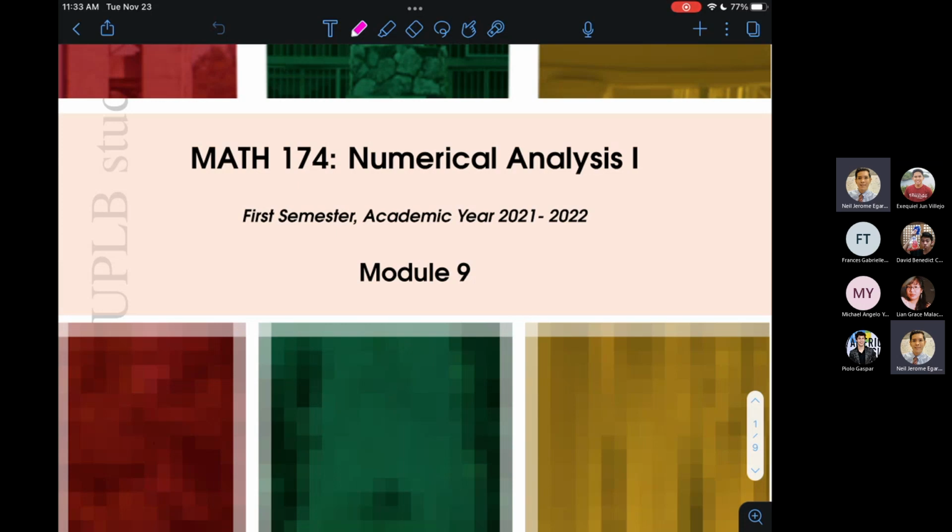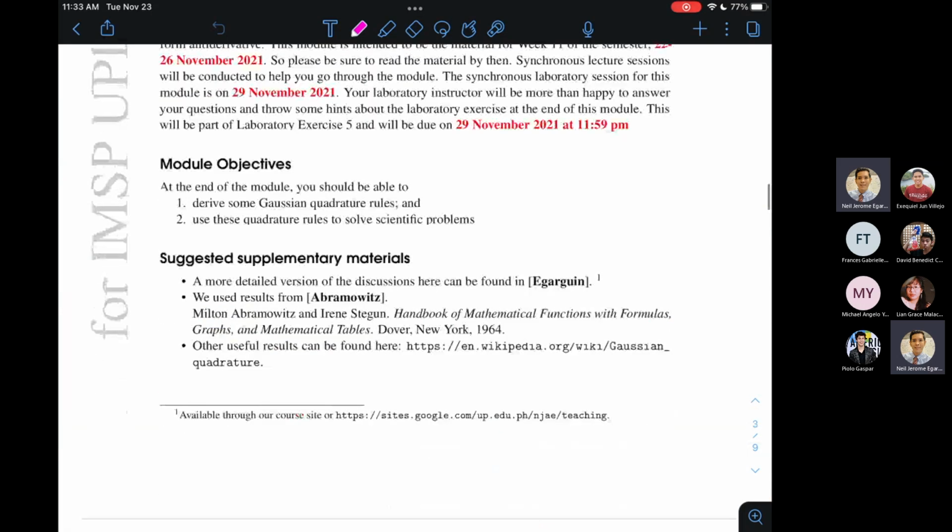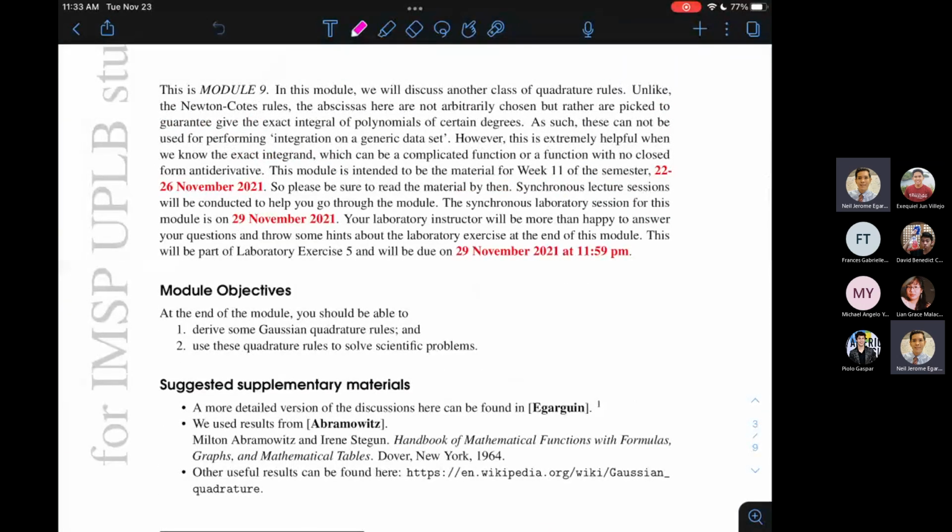And then Module 11 would be Monte Carlo simulation, which is another way of approximating integrals, but without using quadrature rules. And that method is highly probabilistic compared to the deterministic nature of the quadrature rules that we have seen so far.